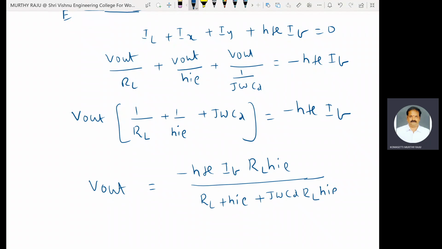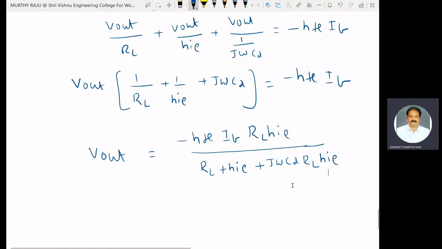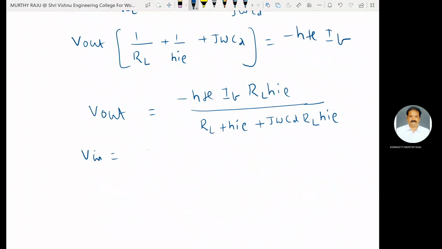This is V out. Next, we know that V in is equal to IB into HIE. The voltage gain for the high frequency range of the two-stage RC coupled amplifier using transistor is V out by V in.